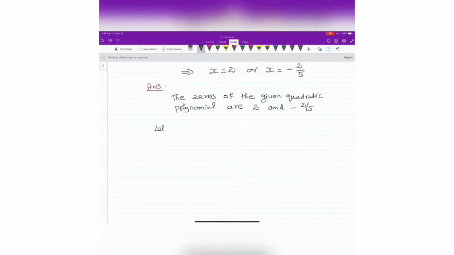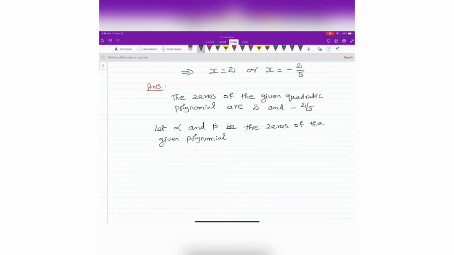Let alpha and beta be the zeros of the given polynomial. But we got the zeros of the polynomial as 2 and minus 2 by 5.